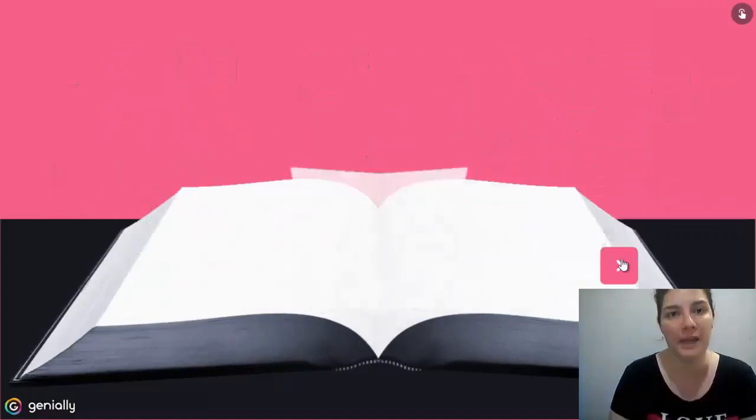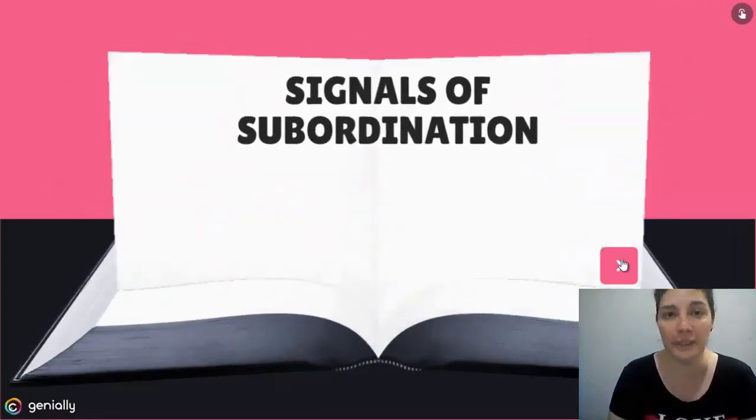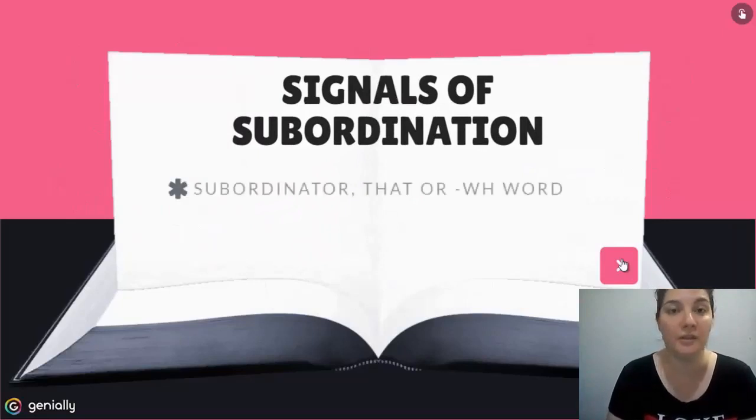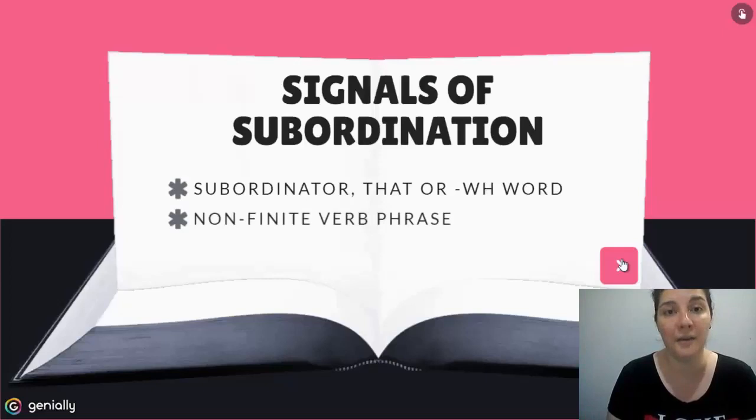How do we recognize a dependent clause or a subordinate clause? Well, there are some signals we can follow or we can consider to find subordinate or dependent clauses. Those are clauses beginning with a subordinator, a that word, or a WH word. Another thing we can consider are those clauses beginning with a non-finite verb phrase.